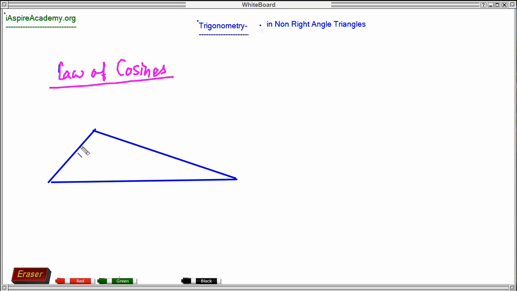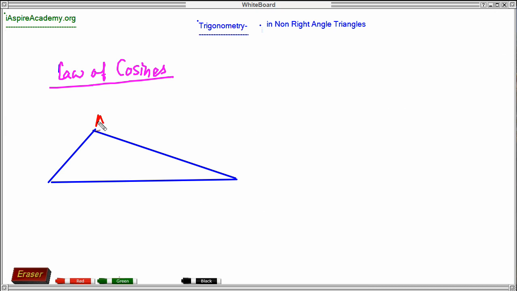Again, this is a law not only for a right angle triangle. You can make it also work for a right angle triangle, but this law is applied to any triangle.